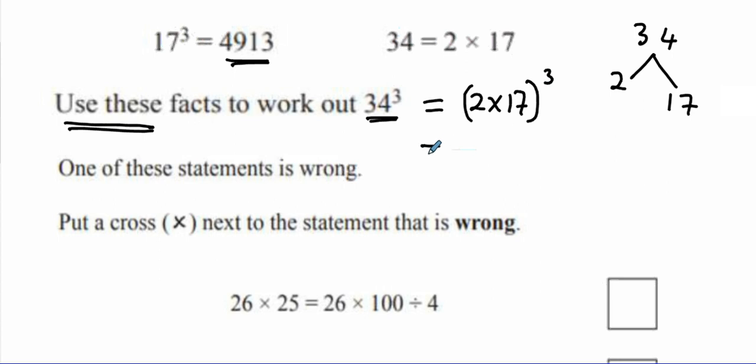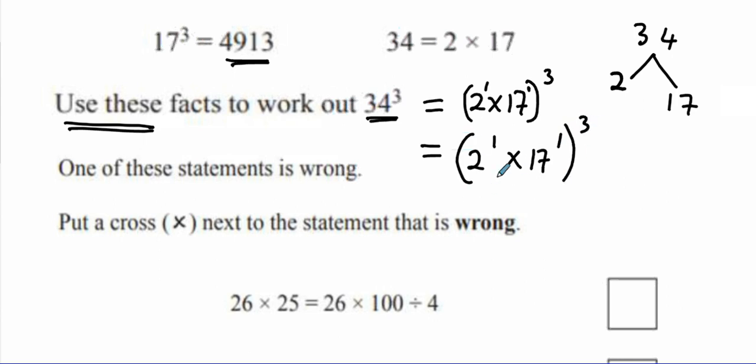So this suggests here we have 2, which means 2 to the power of 1. And here we have only 17, so this suggests 17 to the power of 1. So over here we have 2 to the power of 1 times 17 to the power of 1, then in brackets to the power of 3.